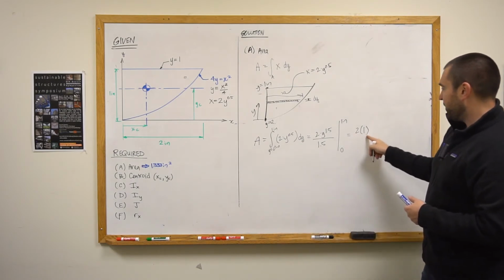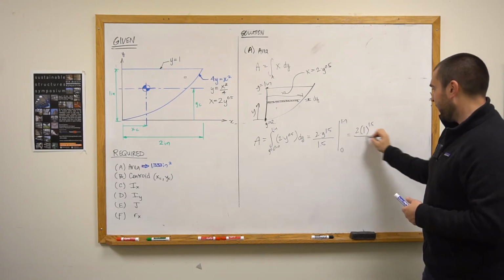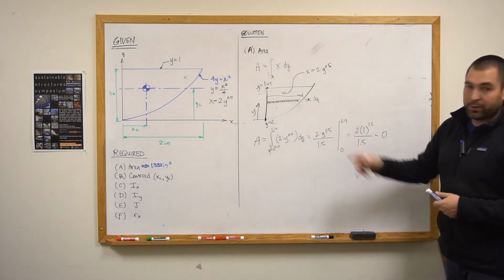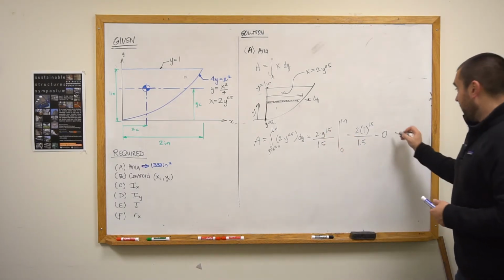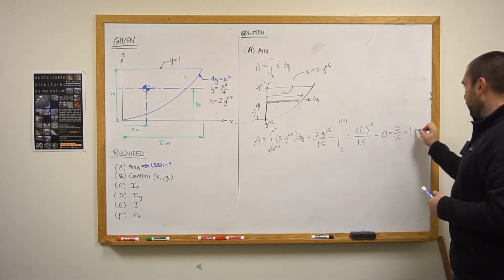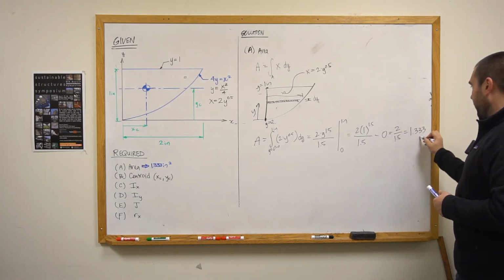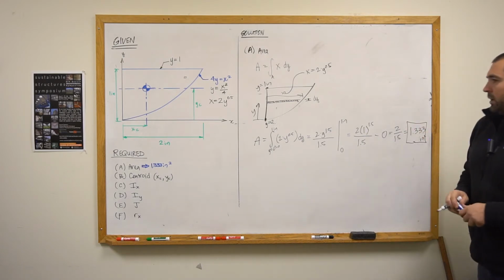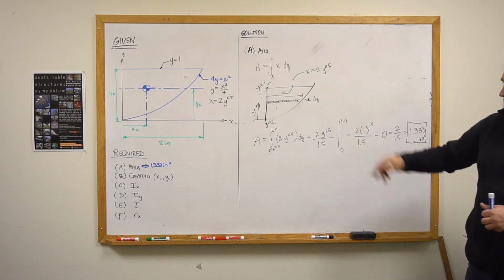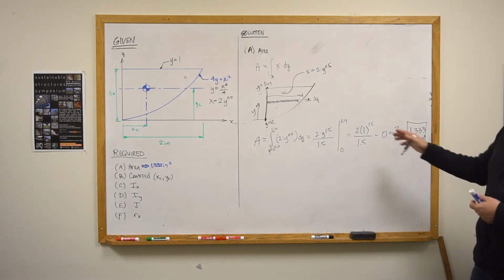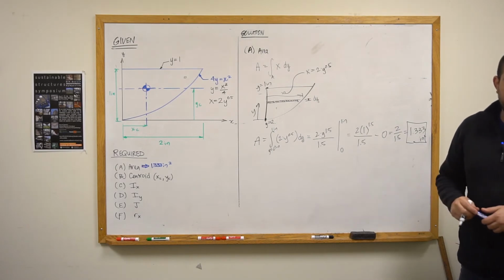So let's put in 2 times 1 to the 1.5 divided by 1.5 and then minus. If I plug in 0 here, I'll just get a term of 0. And I simply get 2 divided by 1.5 equals 1.333. And now I'll put the units on because I left them out of the integral. As long as everything is in the same consistent units, I don't need to worry about unit conversion. And so it's not as important to track through the units here.